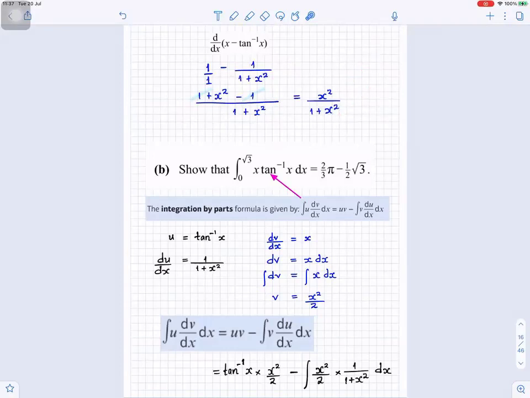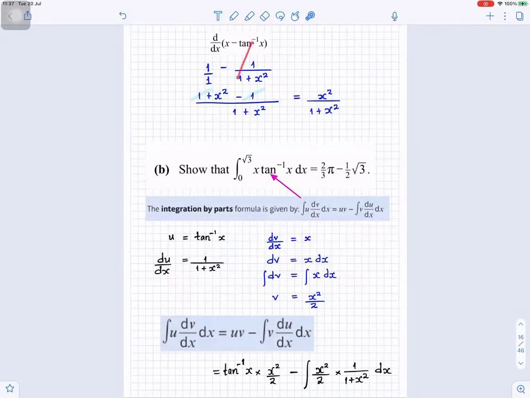Part B. Integral. Show that the integral from 0 to root 3 of x inverse tan x dx equals that. We're going to use integration by parts. So if we put u to be inverse tan x, du over dx is 1 over 1 plus x squared.